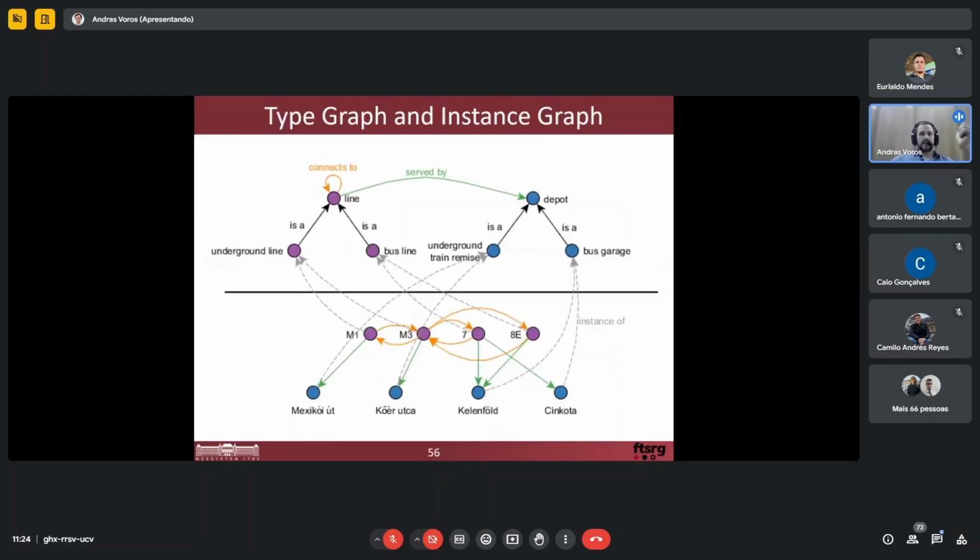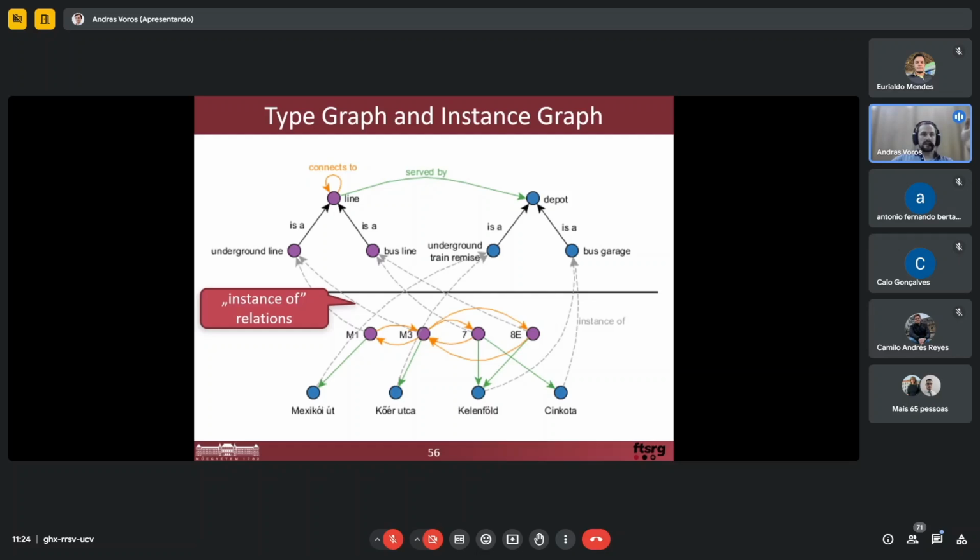And I can put this type information into the instance graph, because here we have the instance-of relation. So in the instance part, that is actually the lines in Budapest and the different depots in Budapest.